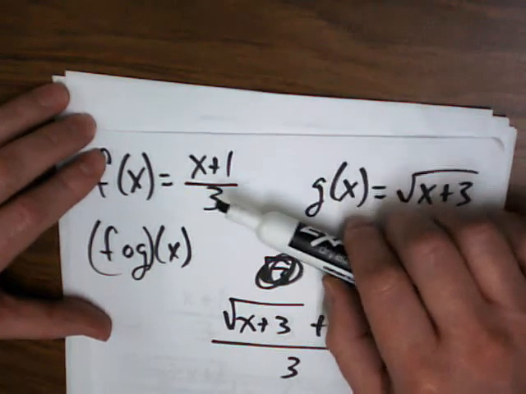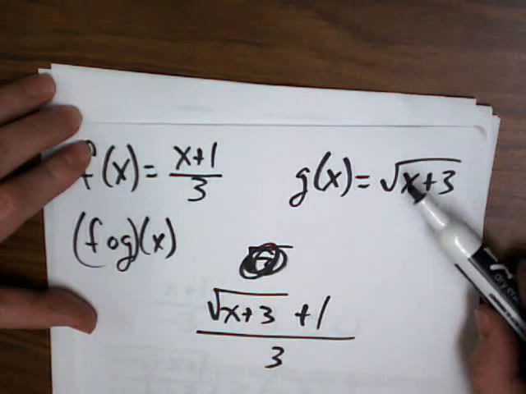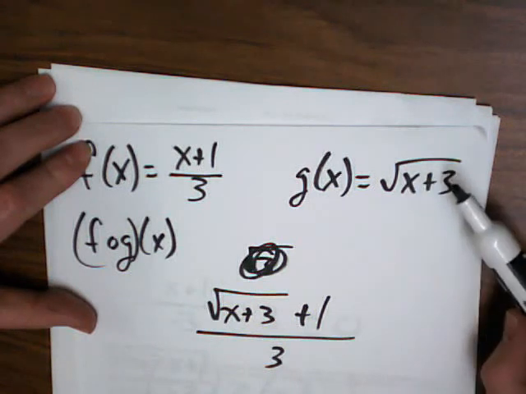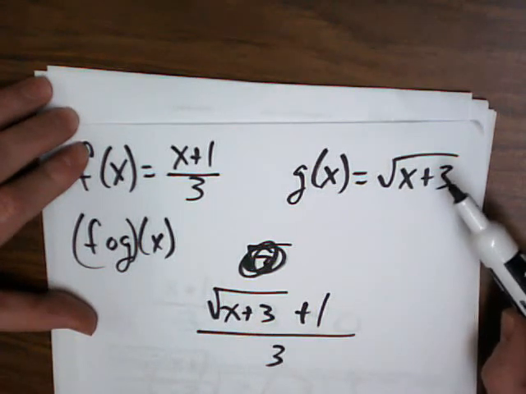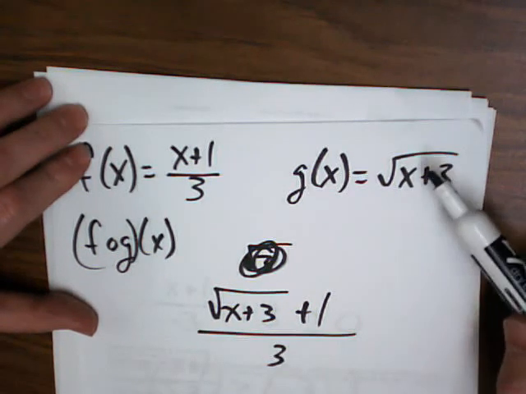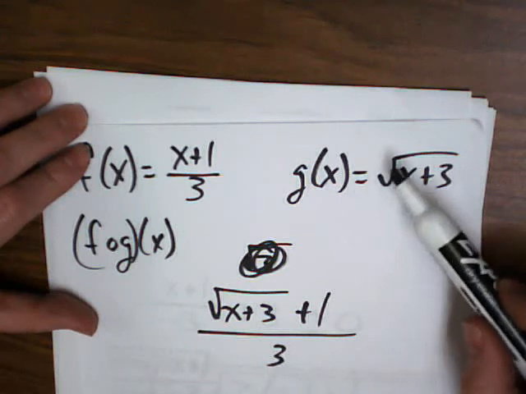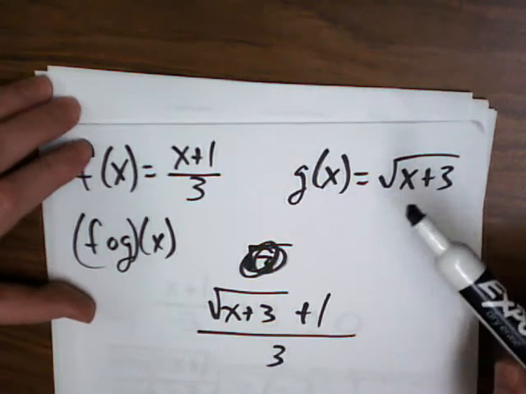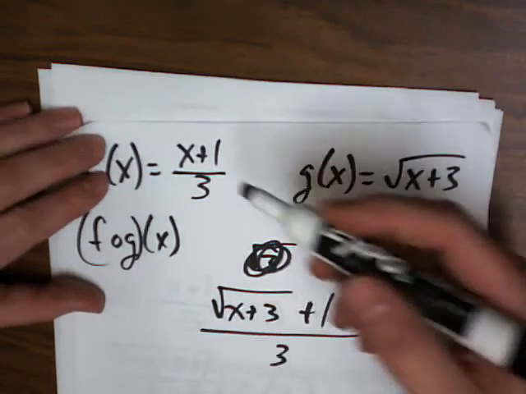Negative 10 thirds plus 3, well, that'd be like saying 9 thirds. So negative 10 plus 9 would be negative 1/3. You can't take the square root of a negative number. That's why it's not in the domain.